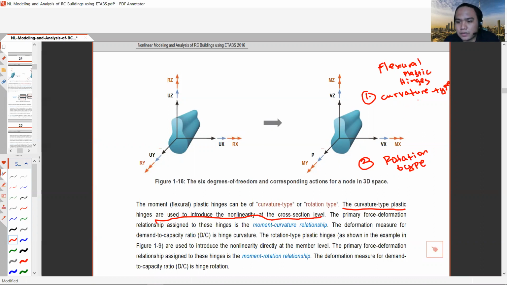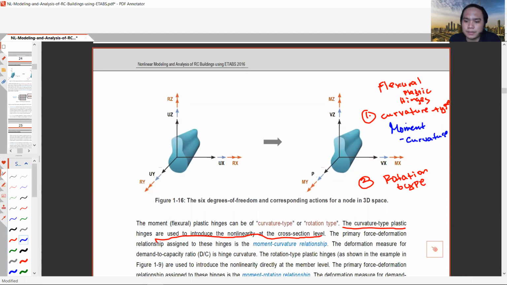So under the curvature type, the force deformation relationship is called the moment curvature relationship, MC relationship.